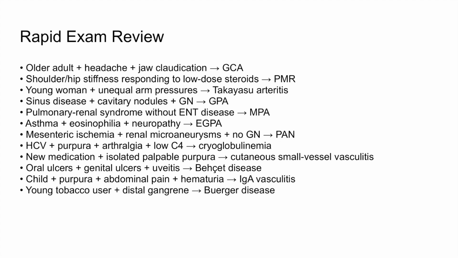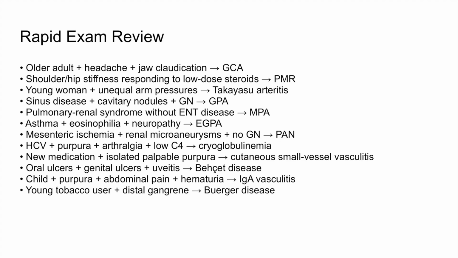And then you've got destructive sinus disease, cavitary lung nodules, and glomerulonephritis, indicating GPA, whereas pulmonary renal syndrome without significant ENT disease favors MPA. And then you have asthma with eosinophilia and a neuropathy, which is EGPA, and then mesenteric ischemia, renal microaneurysms, and no glomerulonephritis indicate PAN.